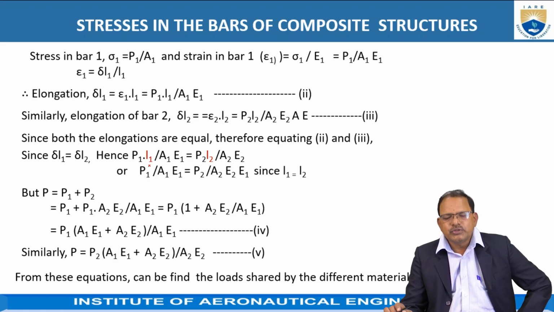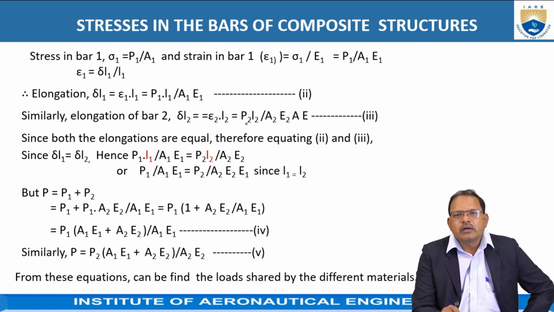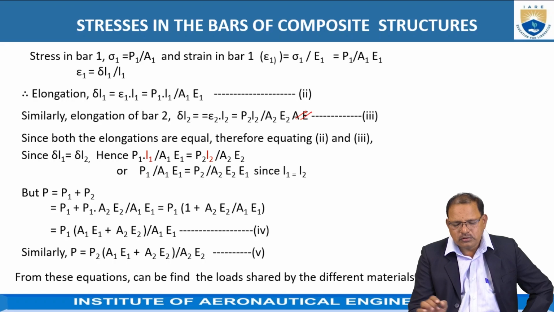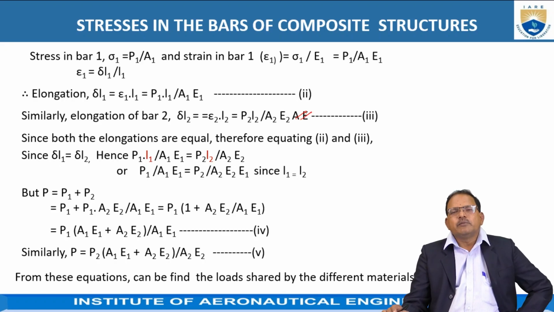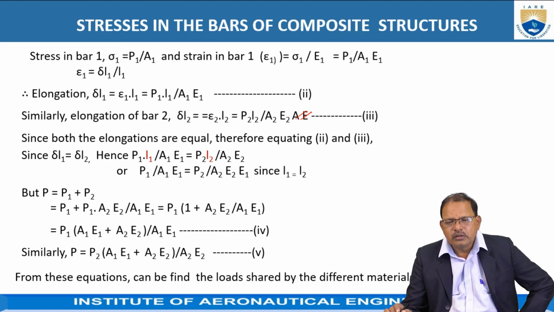Similarly, the elongation produced in bar 2 is delta L2, which is P2 L2 divided by A2 E2. Since the elongation produced in each bar is the same, the two equations are treated as equal.